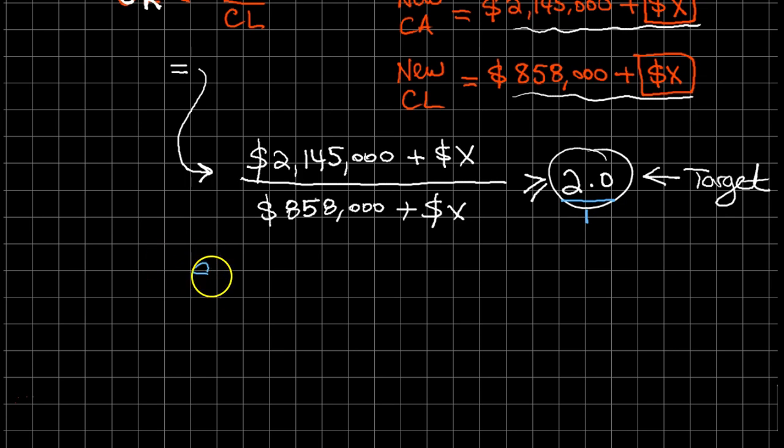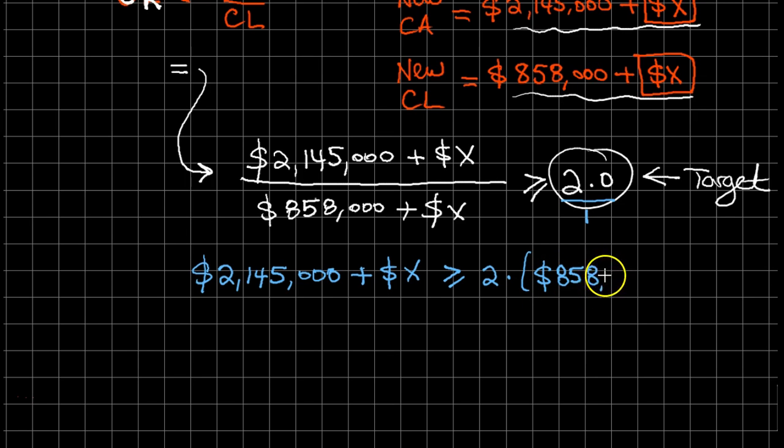After the cross multiplication, things multiplied by 1 would not change. So that's our left hand side. That would be greater than or equal to things multiplied by 2. So 2 times 858,000 plus the X dollars.